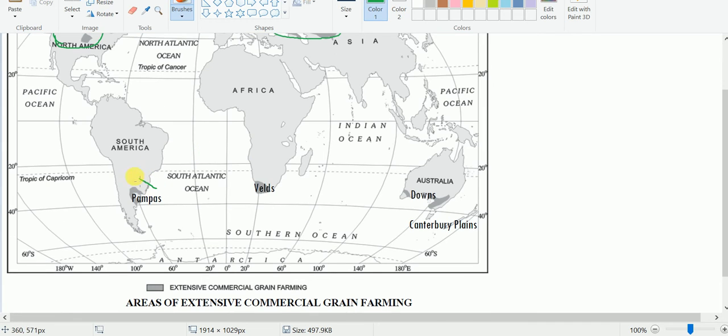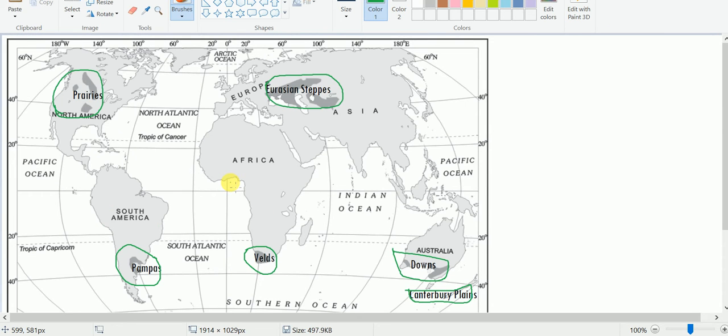Then in South America, the pampas in Argentina, then the velds, the grassland in South Africa, then the downs in Australia, and the Canterbury Plains in New Zealand. So in these grasslands, extensive commercial grain farming is practiced.